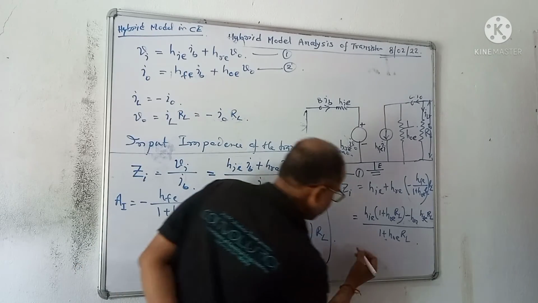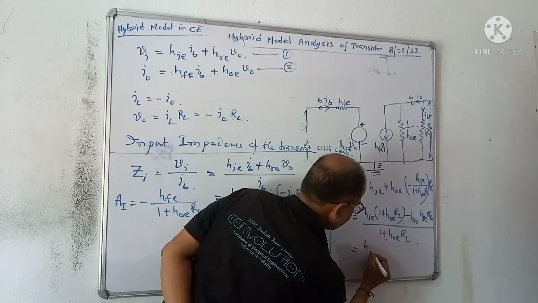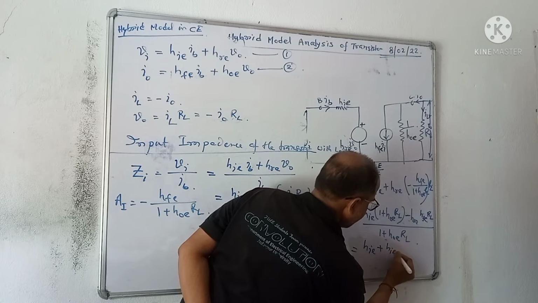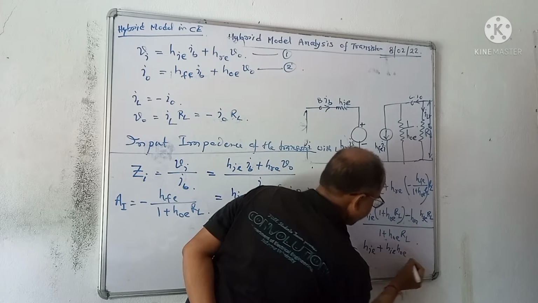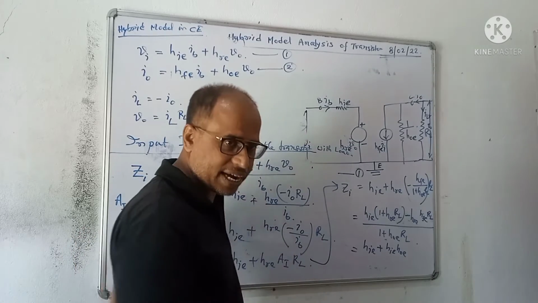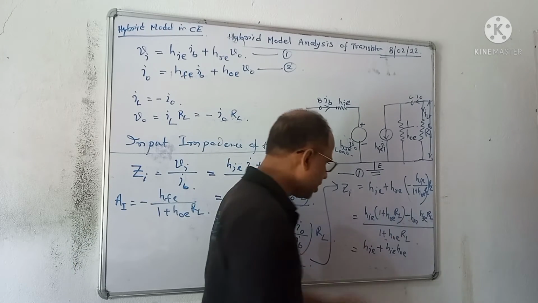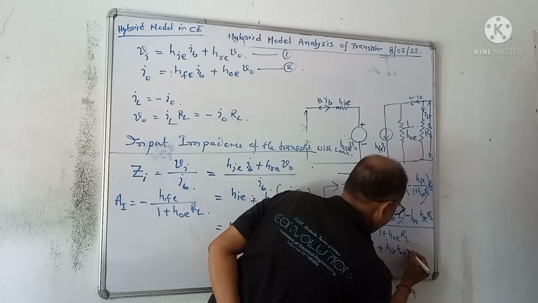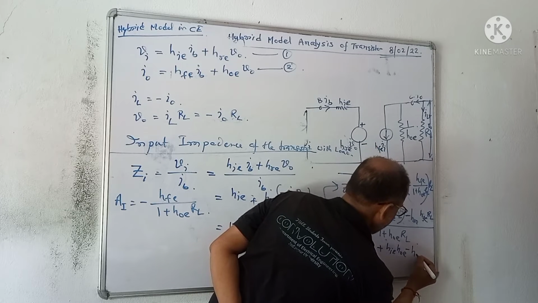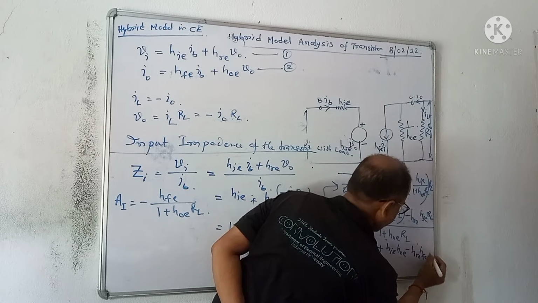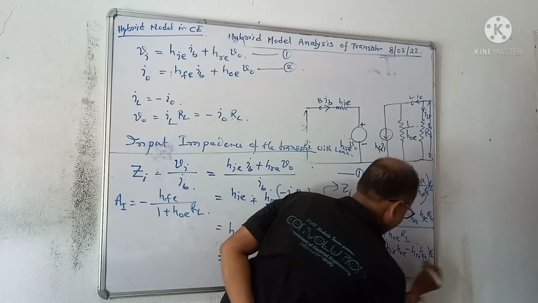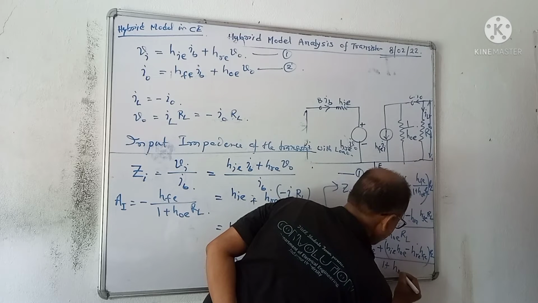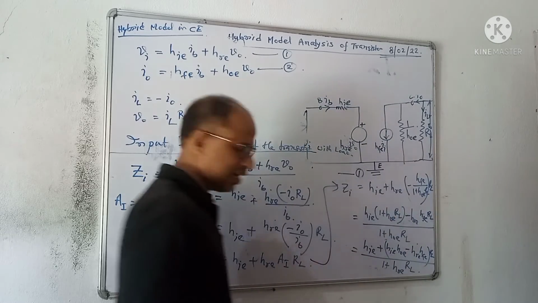This is equal to HIE plus HIE HOE RL, take RL common from these two terms, minus HRE into HFE into RL, by 1 plus HOE into RL.